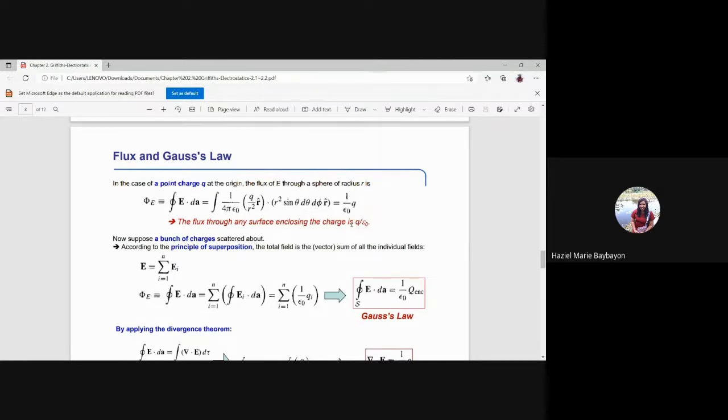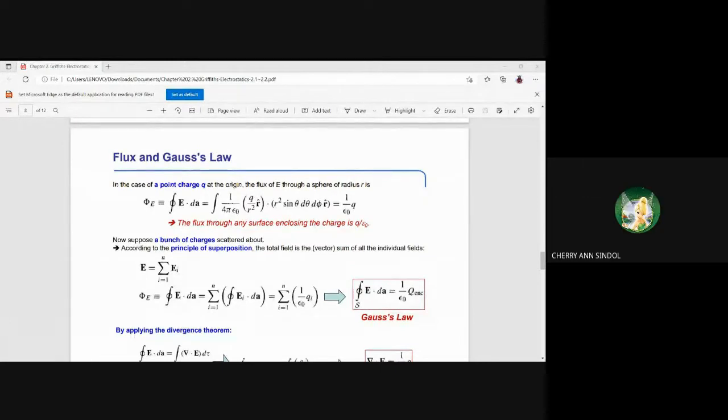Okay? Do you have questions? It can't be negative, ma'am, because the integral of sin theta is negative cosine. Yeah, it's negative cosine theta.